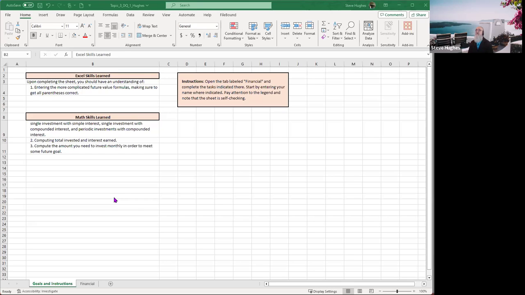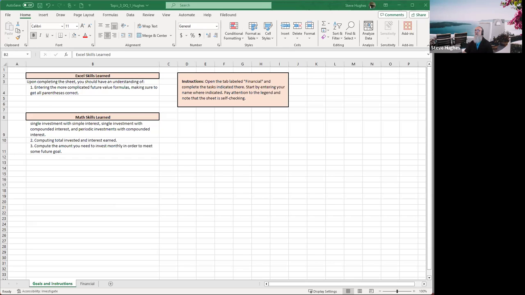You can use these in your homework lessons wherever you find a single investment with simple interest, a single investment with compound interest, or periodic payments or investments with compound interest. That gives me an annuity, right? So you can use these formulas, this Excel sheet, wherever you have a question like this in your homework in ALEKS.